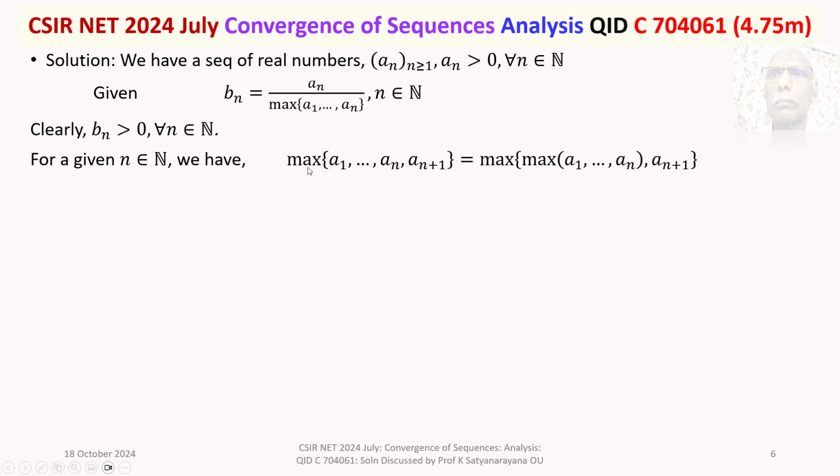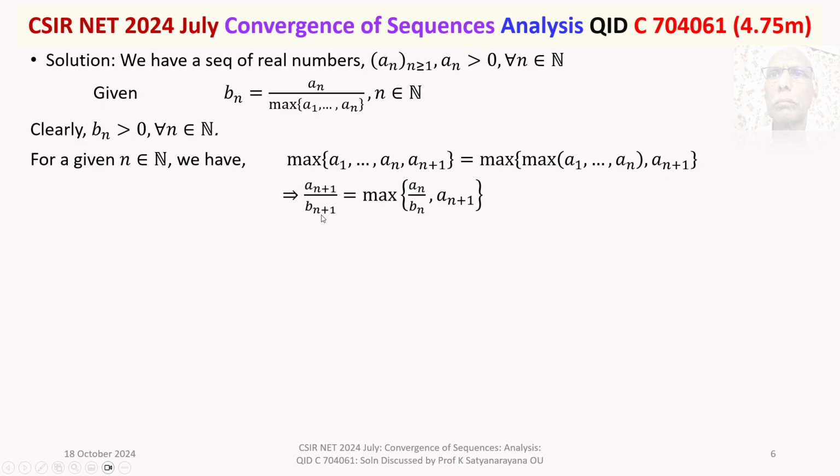So what is the maximum of a_1, a_2, ..., a_{n+1}? That will be equal to a_{n+1} by b_{n+1}. And the maximum of a_1, ..., a_n is a_n by b_n. So a_{n+1} by b_{n+1} is the maximum of these two terms, a_n by b_n comma a_{n+1}.